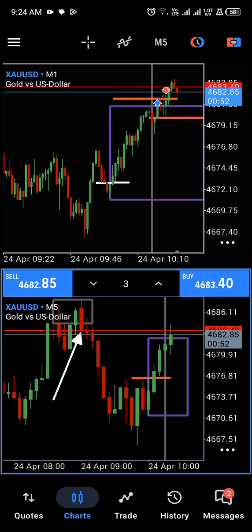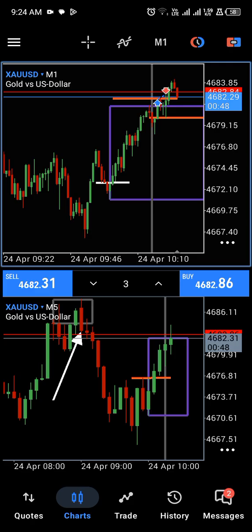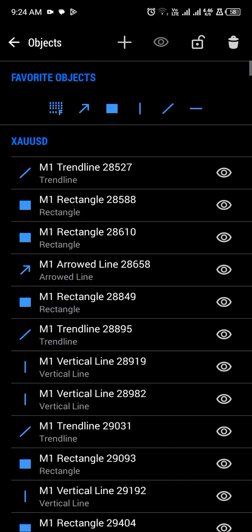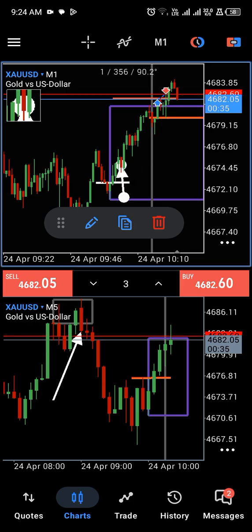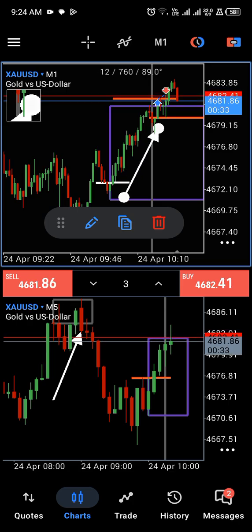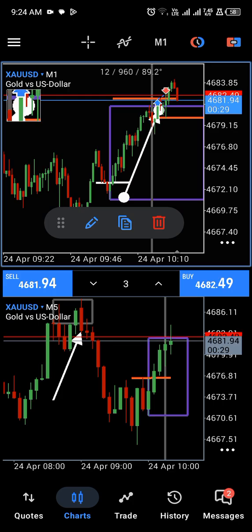What I'm seeing here is that sellers keep trying to push this price down, and buyers keep pushing it up. So I can see there's an interest of sellers from here to here. But buyers keep winning regardless.